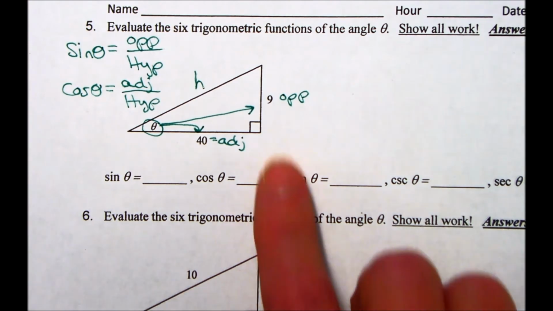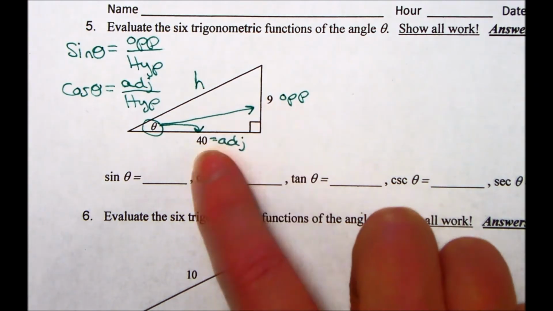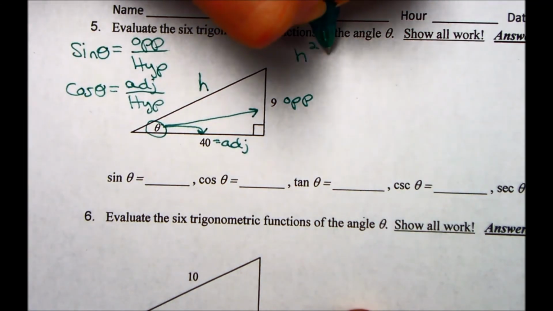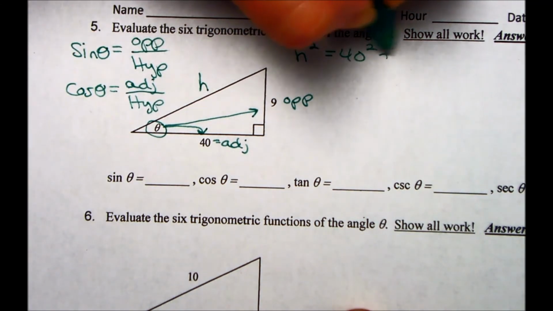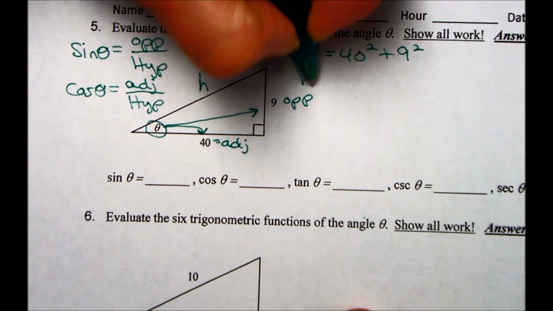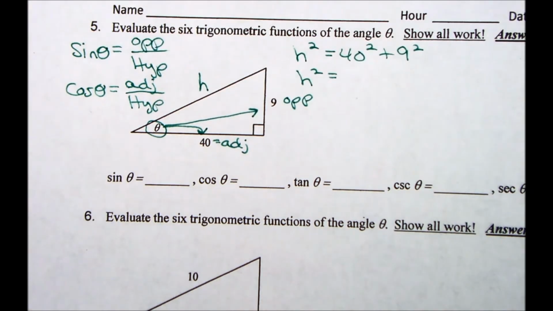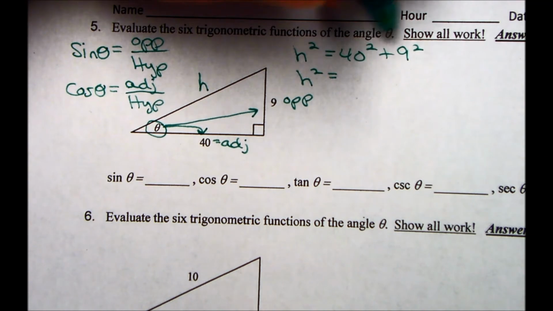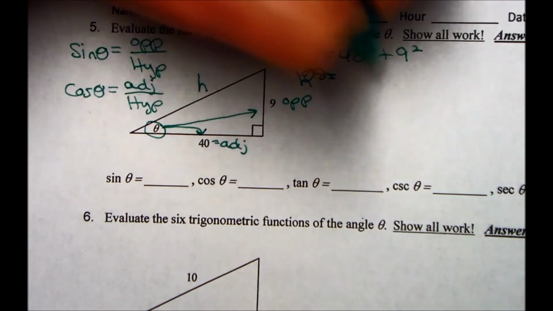But Pythagorean theorem says that a squared, so the 2 legs squared equals the hypotenuse squared. So I can figure out h squared equals 40 squared plus 9 squared. I'm going to use my calculator to plug that in. I don't have the 40 squared plus 9 squared, I just have that h equals 41.